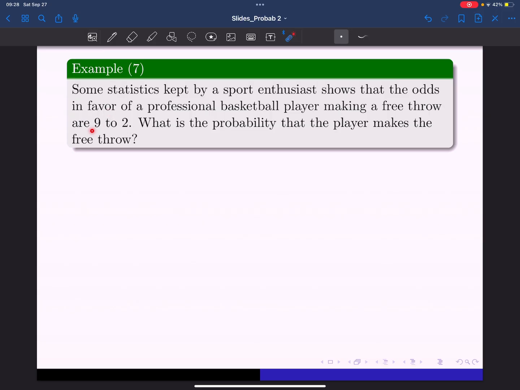That means 9 times the player makes the free throw, and 2 times will not make it.